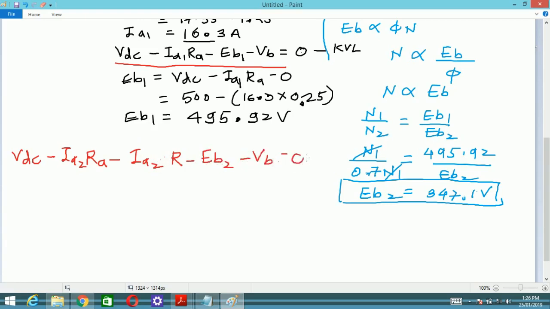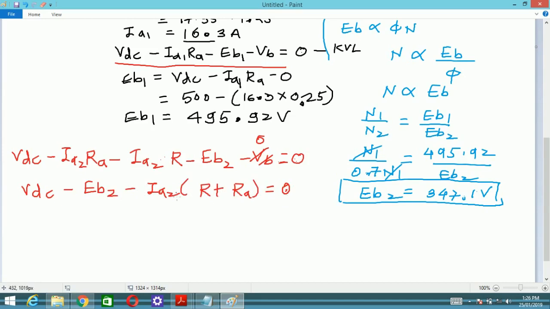V brush is not mentioned, so I simply write it as 0, equal to 0. I have to find the value of R. So we can write VDC minus EB2 minus IA2, which is common, in bracket R plus RA, is equal to 0.